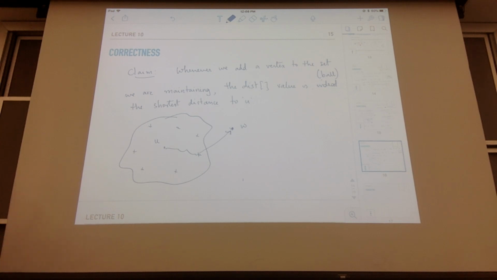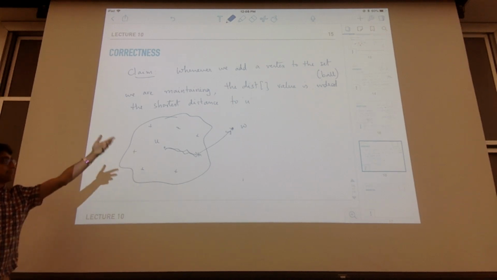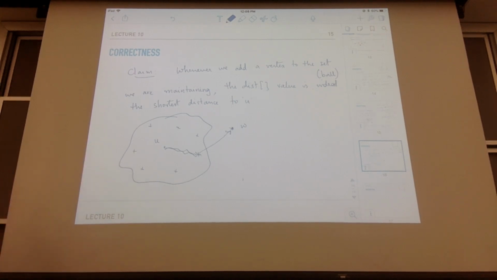Okay, and now you know that by the inductive hypothesis, for all the vertices that have been added so far, you have indeed found the shortest path. Okay, and therefore you have found the right distance value for this. And therefore, when you are adding it, you also found the right distance value for that.